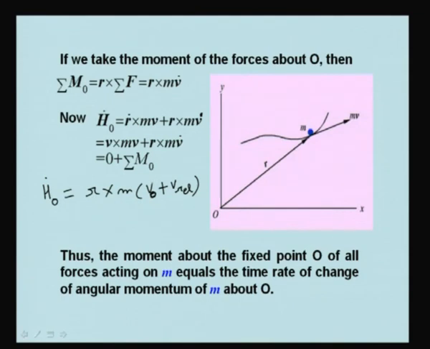If you can somehow make R cross V dot O equal to 0, then this equation can be written as H dot O is equal to R cross M VL. That means I can have the relative velocities only. So the third condition is that V dot O is in the same direction as R. That means the point is accelerating towards or away from the particle. In these situations, this can be used.